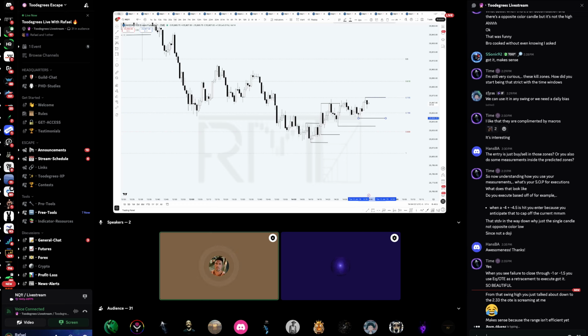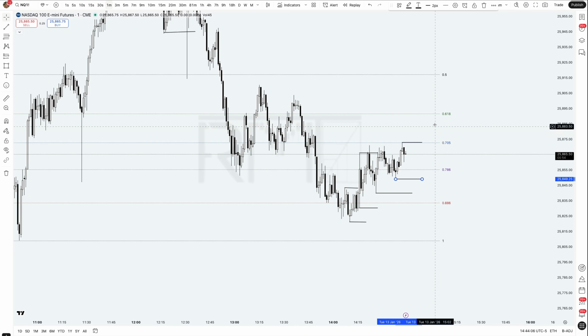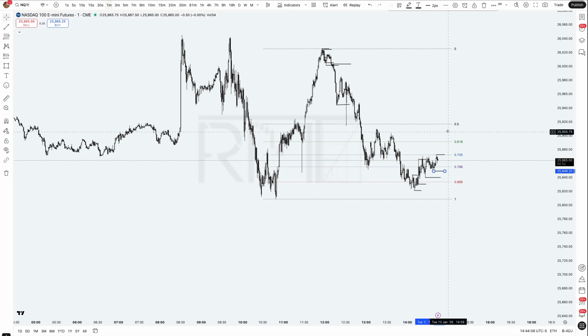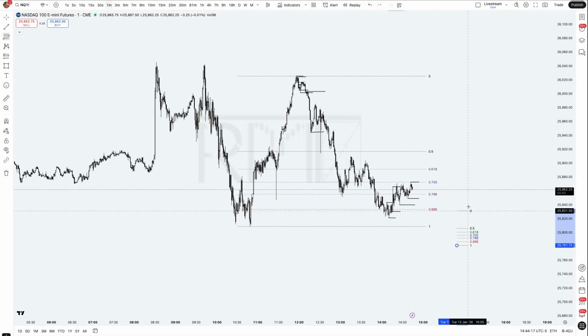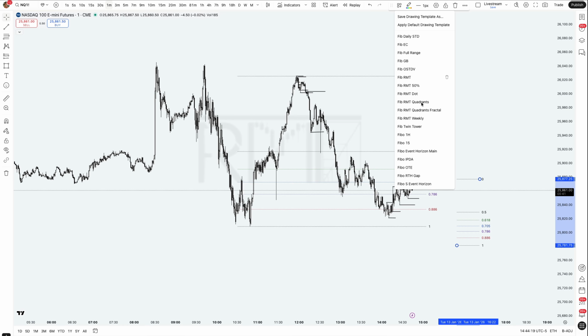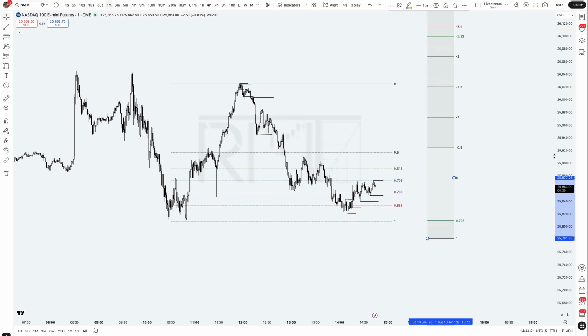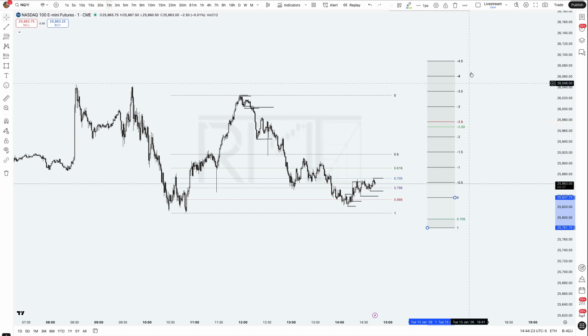Yeah, because OTE is a mathematical level, the 0.618 retracement. So usually the 2.33, I mean, this is just math, right? If my deviation is this, 4 and 4.5 should be my full move.